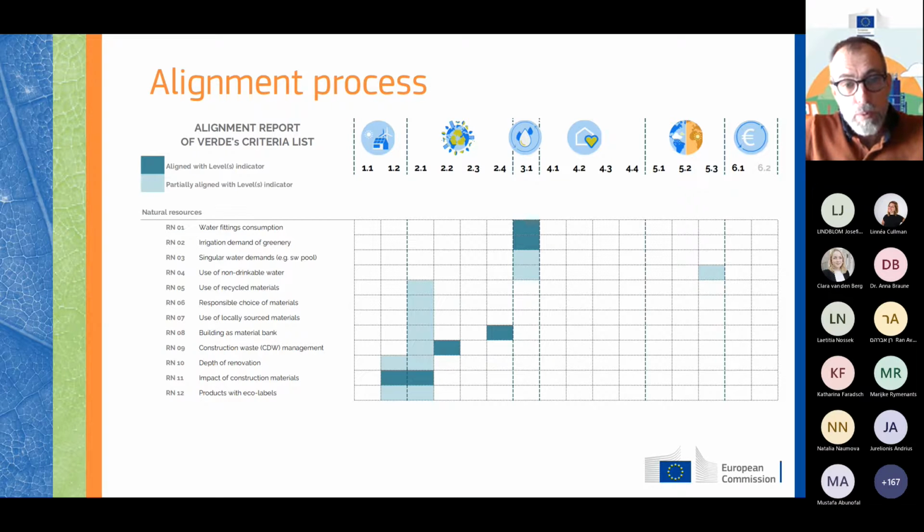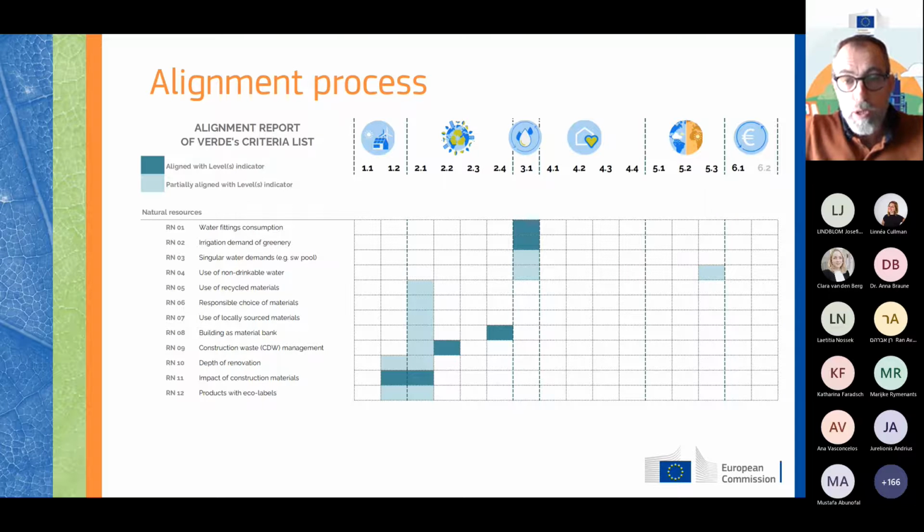First of all, we assessed which of the levels indicators were already fully aligned with one or several of Verde's previous existing criteria, partially aligned with one or several of Verde's previous existing criteria, for example, aligned with an indicator but not using exactly the same units.